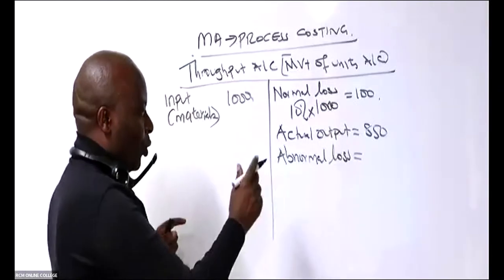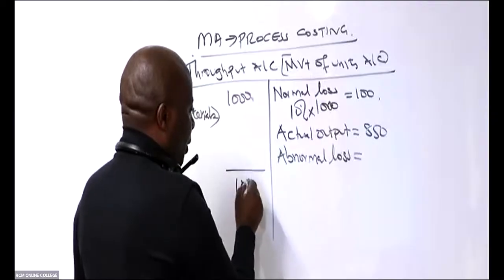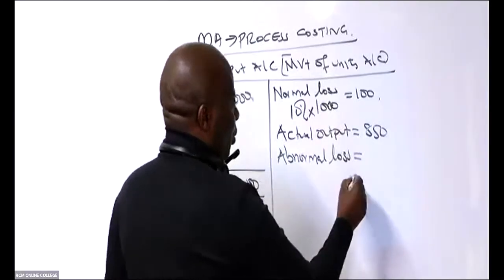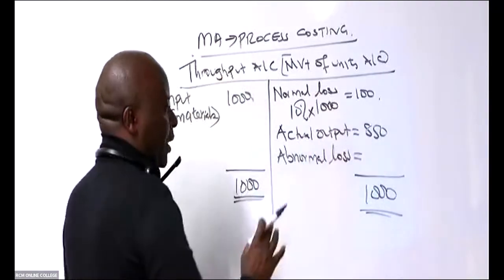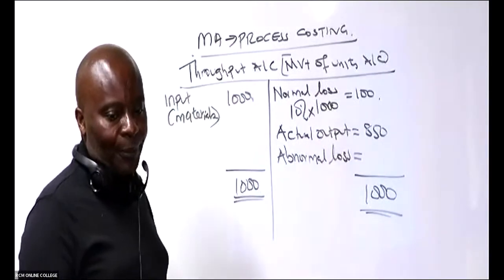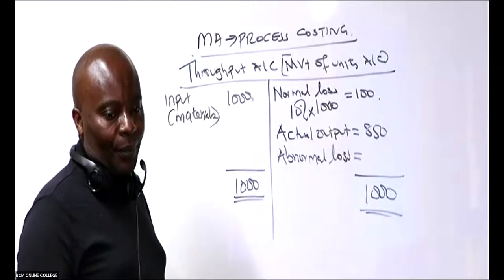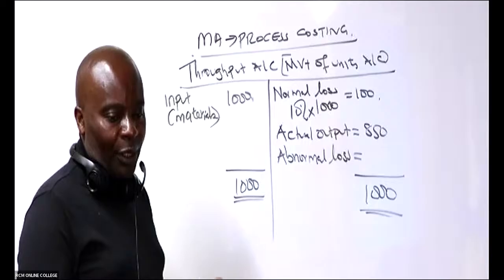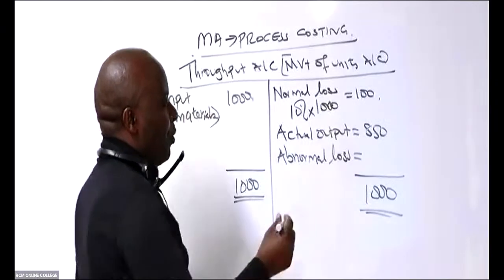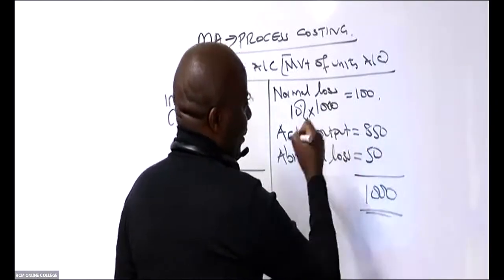So I'll go to the credit because I can see this is 1,000. So 1,000 minus this will end up giving me how much? 50. Thank you very much. Not 50 bob, I mean 50 units.